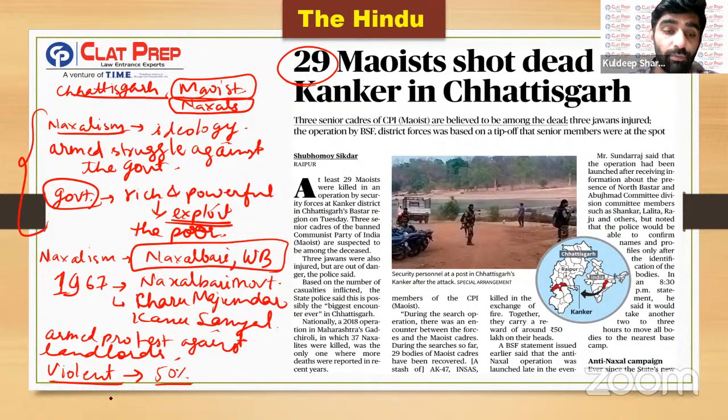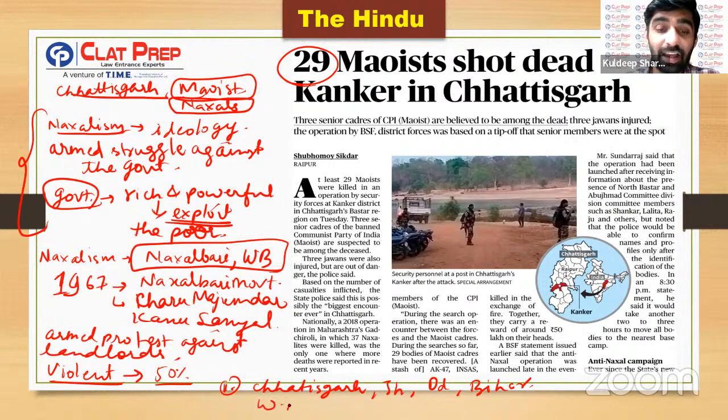So as of now, the most affected left-wing extremist state is actually the state of Chhattisgarh. Apart from Chhattisgarh, the states of Jharkhand, Odisha and Bihar still have a large left-wing extremism or Naxalism problem.